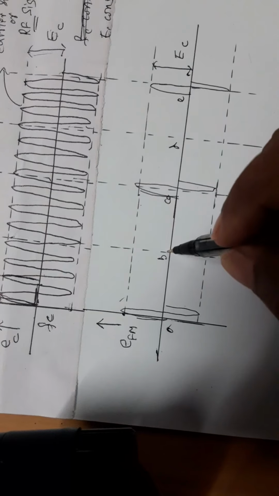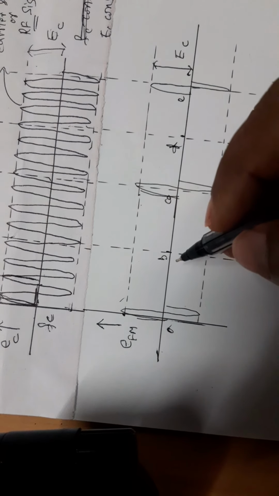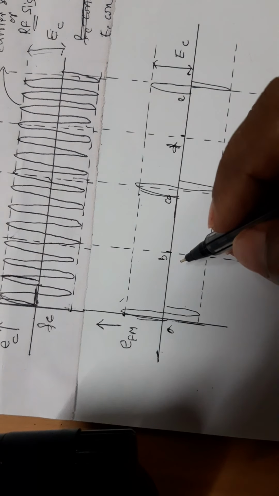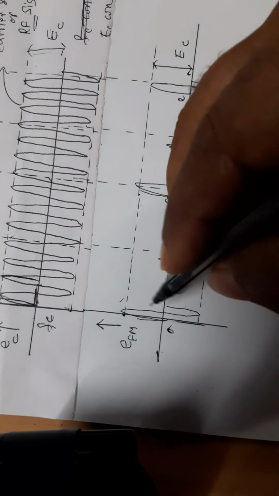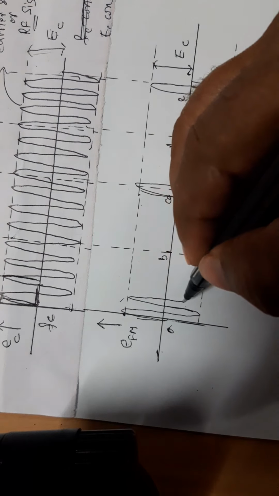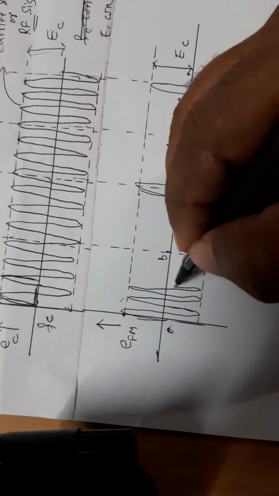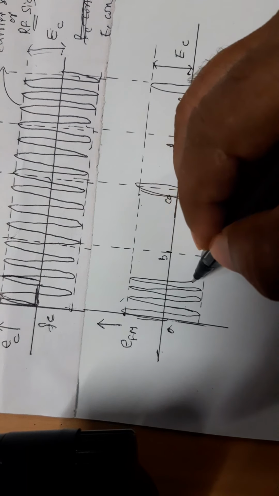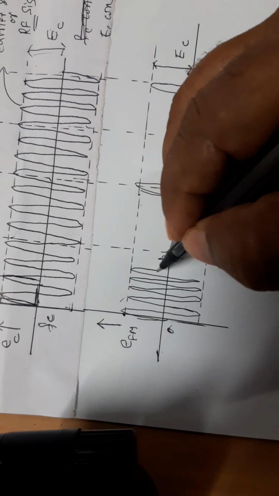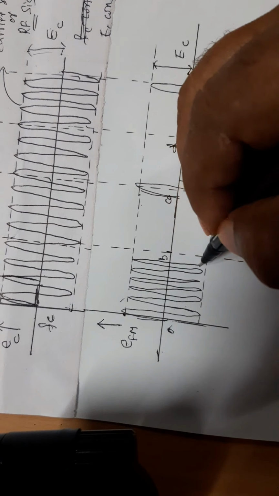Therefore, I will write the frequency modulated wave. At this point it should be maximum, at this point it should be minimum, and when the frequency is maximum, the period is very small. Since the frequency increases, I will write the period very small. It shows that the frequency increases, whereas the height, that is the amplitude, remains constant.